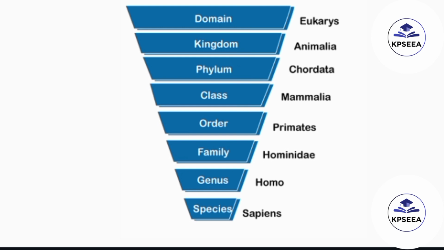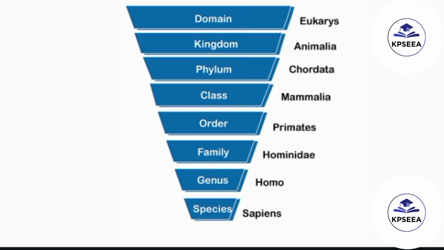Species form genus, then genus forms family, then family forms order, then order forms class, and class forms phylum, and phylum forms kingdom. Two or more kingdoms form a domain. There are three domains in the world: Archaea, Bacteria, and Eukarya. Eukarya are the organisms that have a well-defined nucleus.